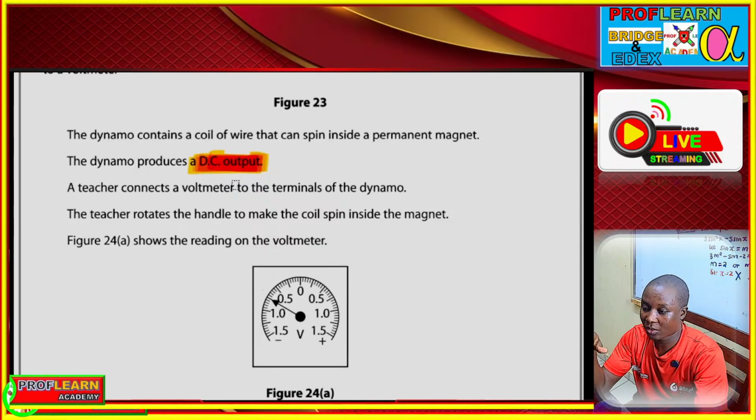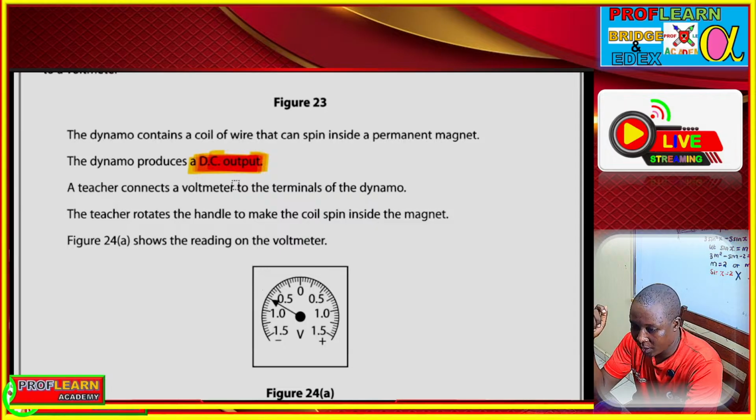There is a current detected, and this current detected, yeah, so this current detected is which magnitude?